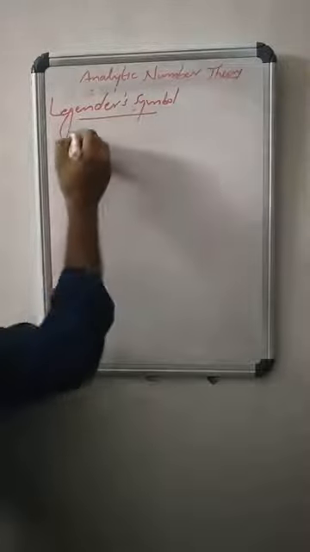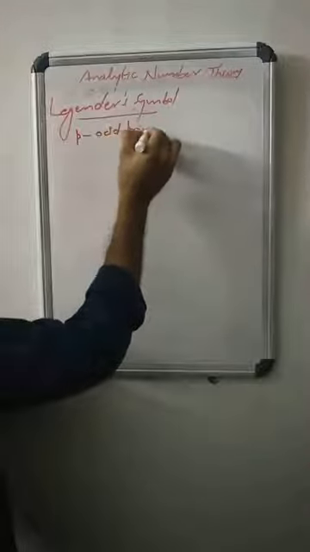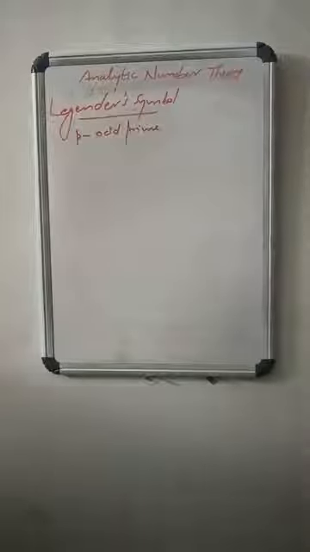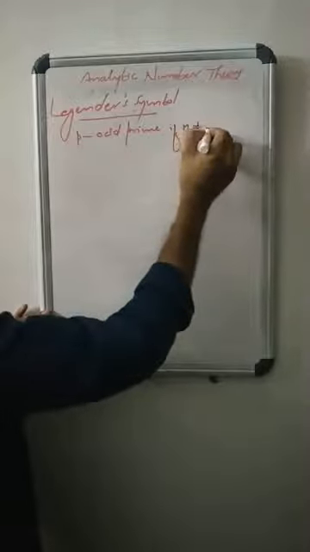Legendre's symbol: p is an odd prime, meaning excluding the prime 2 itself.